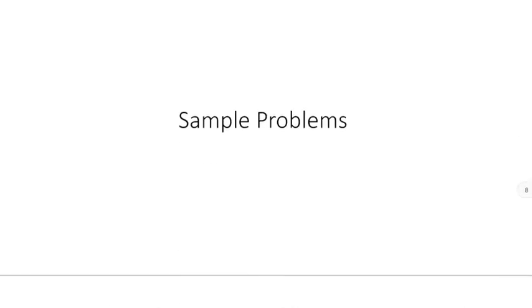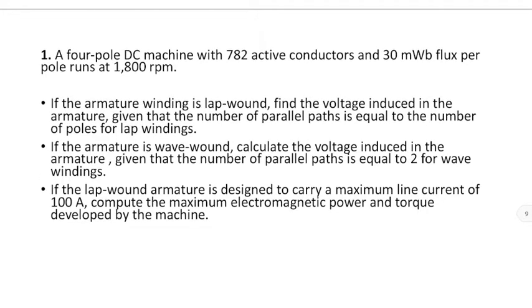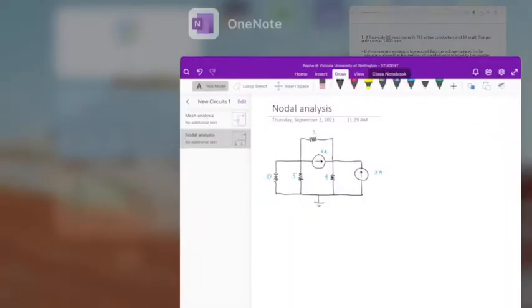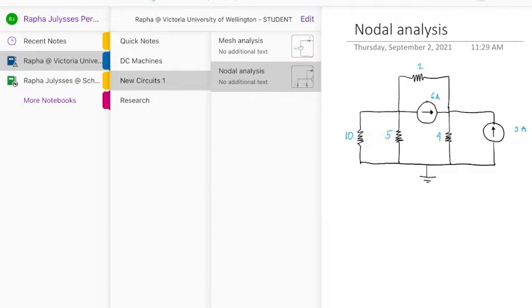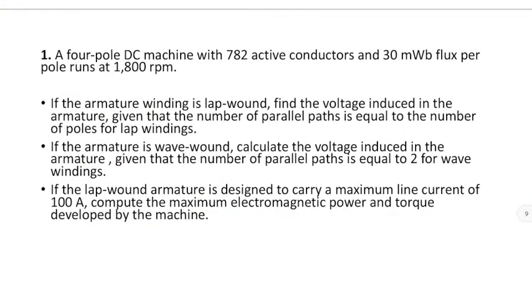Now let's go to the sample problems. First is a 4-pole DC machine with 728 active conductors and 30 milliwebers flux per pole running at 1,800 revolutions per minute, or RPM.